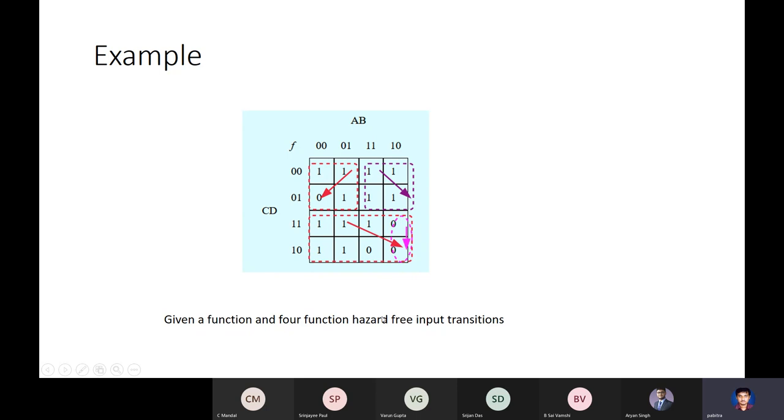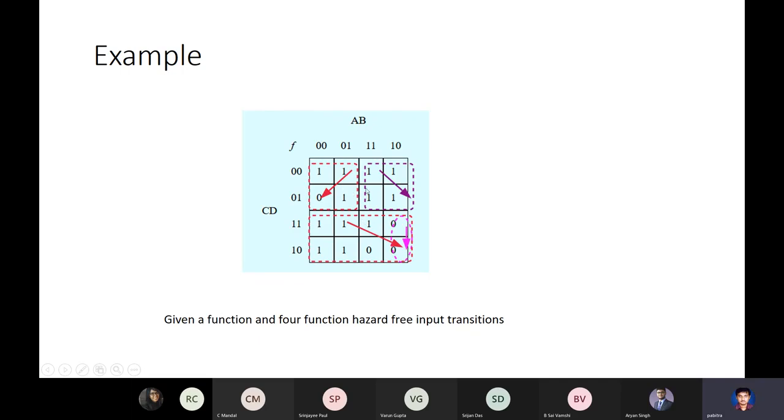So how do you do that? Just like a normal realization, you find covering cubes, and for each covering cube you have an AND gate, and connect all the AND gates by an OR gate in a two-level implementation. So this is a function, and I have four transitions.